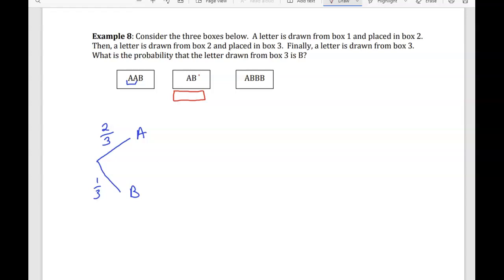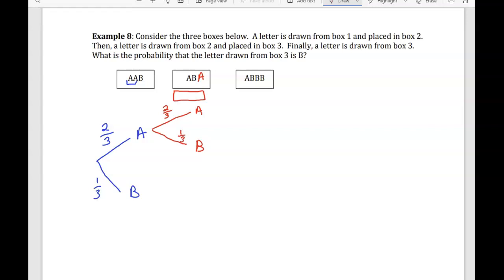If we do an A, you now have this. So if we put an A in there, we now have 3 letters, and we have 2 A's and 1 B in box 2.